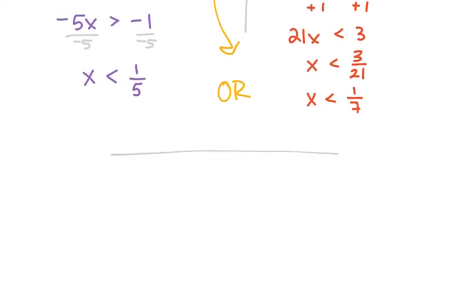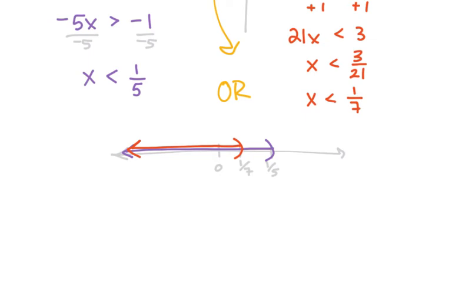Let's think about using a number line to help us. So if I had 0, 1/7 is smaller than 1/5. So let's draw this. X is less than 1/5, as well as x is less than 1/7. Now, is this an overlap intersection situation, or is this a union, everywhere that's shaded situation?